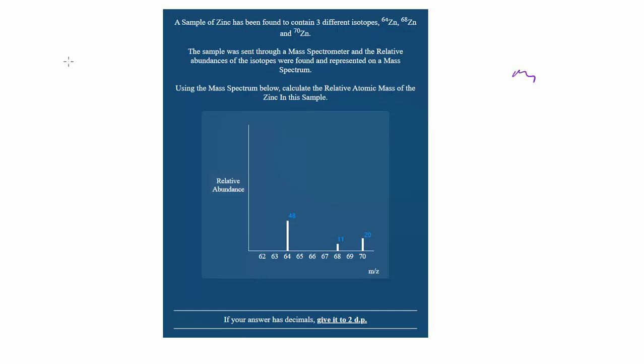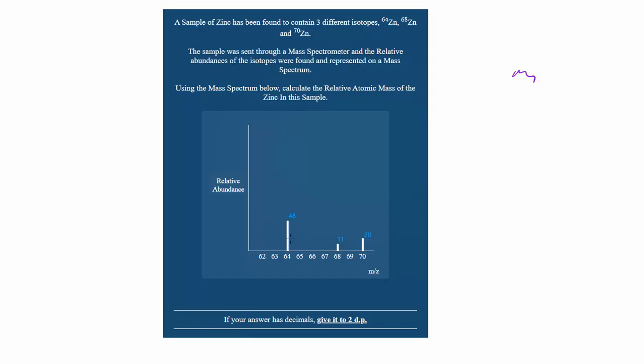Okay, so first thing I'm going to do is match the relative isotopic masses with the bars on the actual graph. And how are we going to do that? Well, importantly, what we need to pay attention to is the mass charge ratio. So that's the x-axis here, m/z.